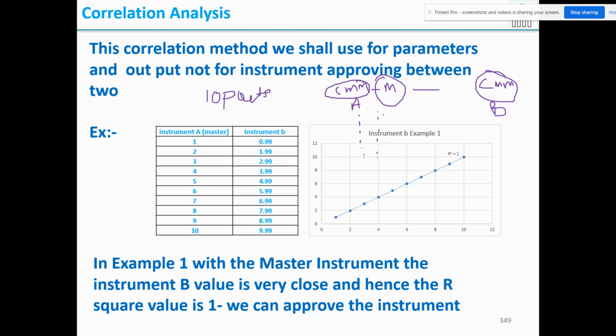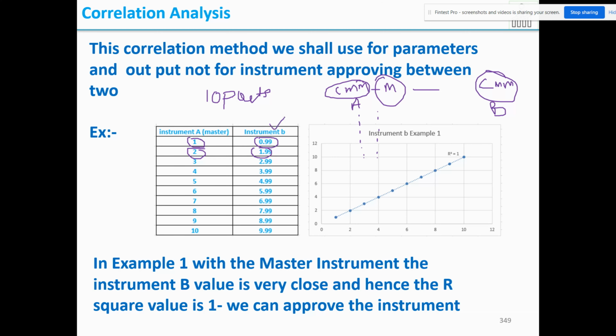Now if you do correlation by getting the R square value, you cannot say CMM B is aligning with CMM A. Why? Because say CMM A reads 1 mm and B shows 0.99 mm; A shows 2 mm, B shows 1.99 mm.